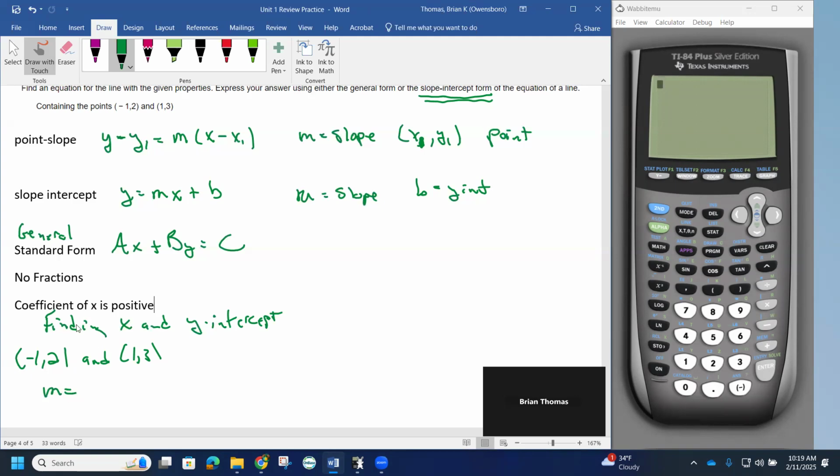Since I have 2 points, I can find the slope using the slope formula, which is the change in y over the change in x, or y2 minus y1 over x2 minus x1. If I call (-1, 2) my (x1, y1), then (1, 3) becomes my (x2, y2).